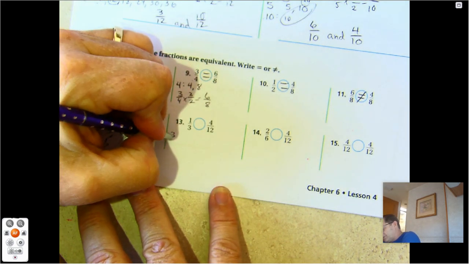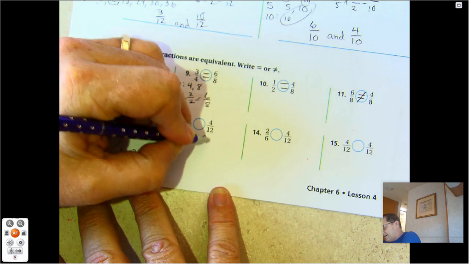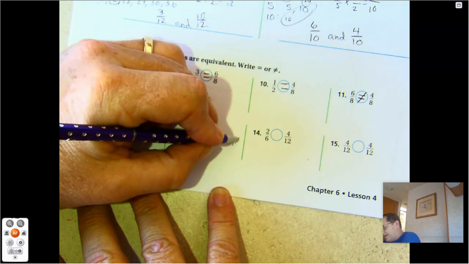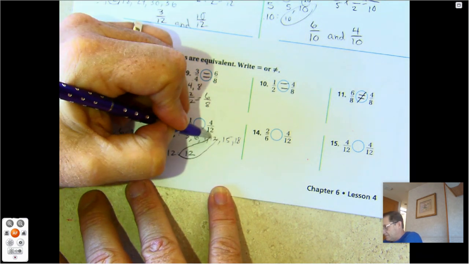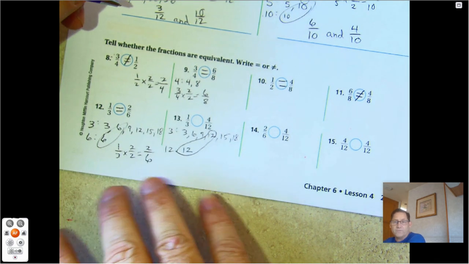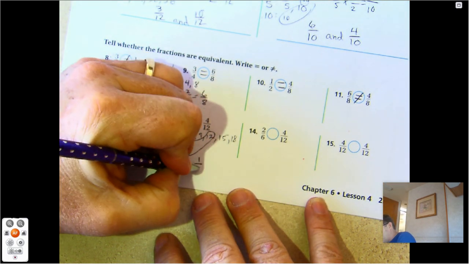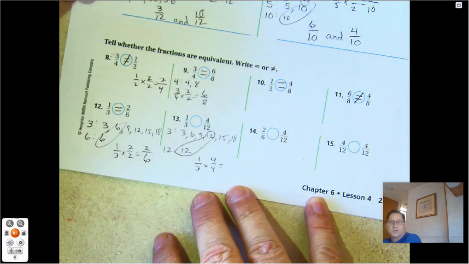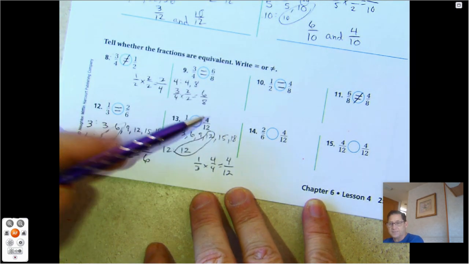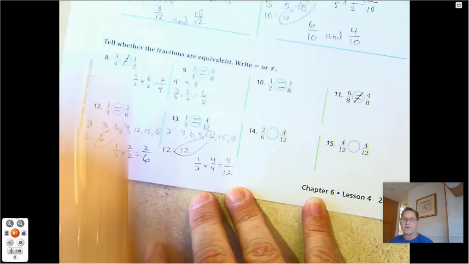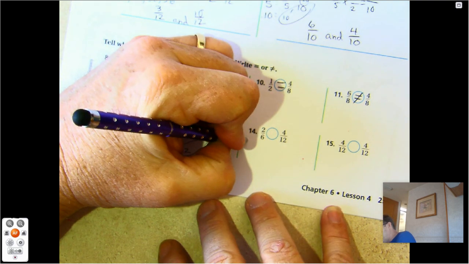Thirds and twelfths. 3, 6, 9, 12, 15, 18. The first multiple of 12 is 12, and that matches the 12 in thirds. So multiply 1/3 by 4/4 to turn it into twelfths. 4/12 is 4/12. Those two fractions are equal. 2/6 and 4/12.